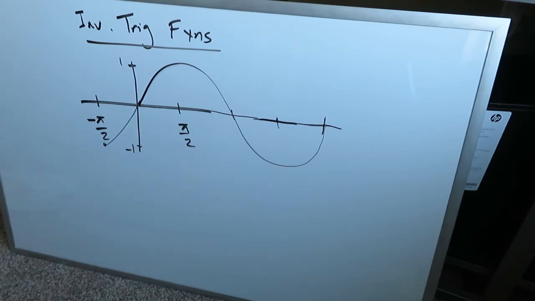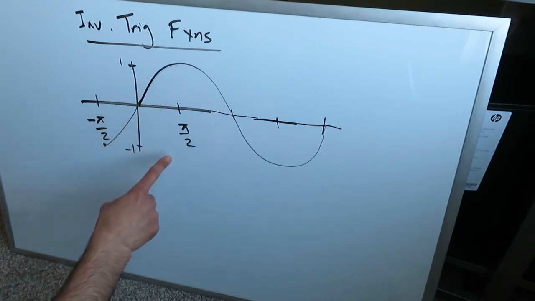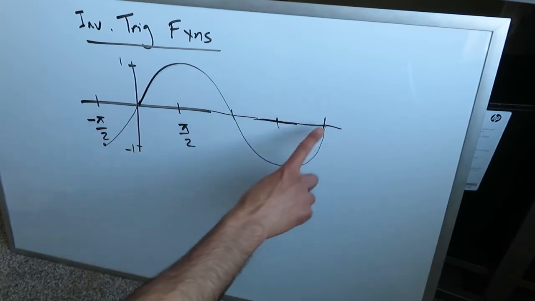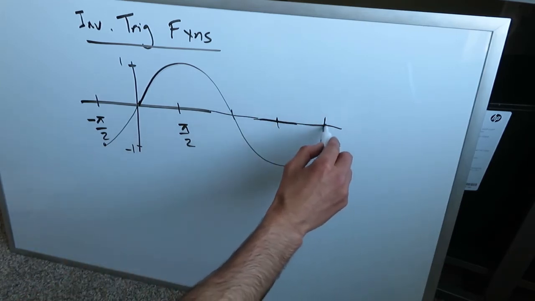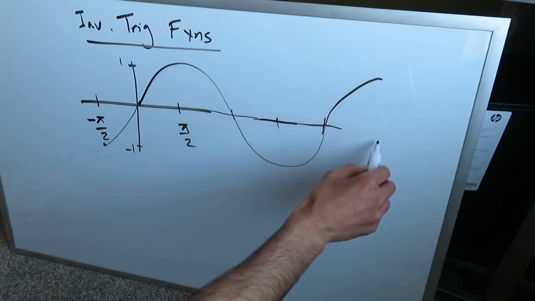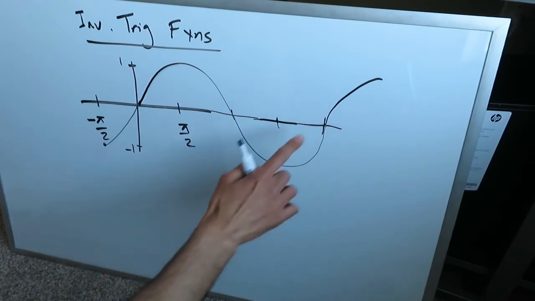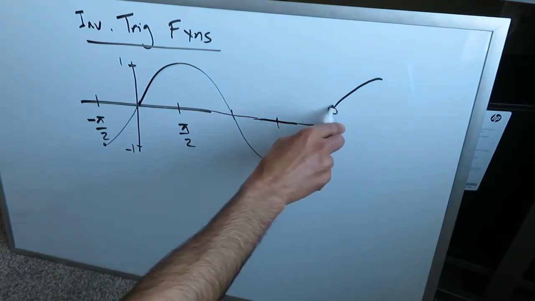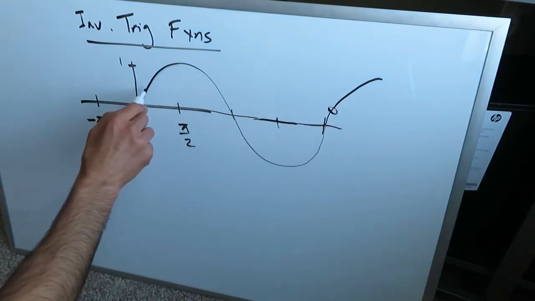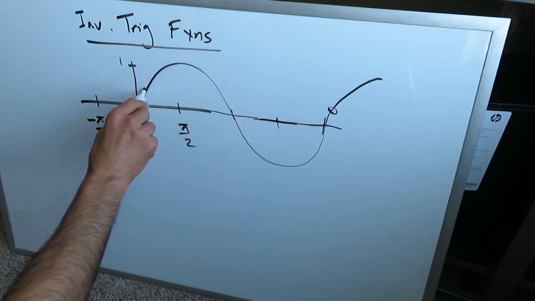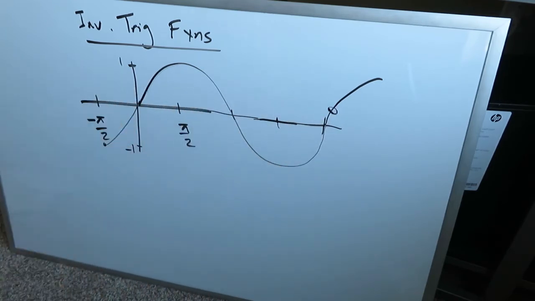Remember earlier I said normally such functions are not one-to-one unless you restrict their domain. Look at this, you'll have range values duplicating. If I were to continue this curve onward over here, this domain value would have a specific range here and it would be duplicated here. This point over here is duplicated exactly over here. One full wave away, it's duplicated right over here. So you have range duplication.